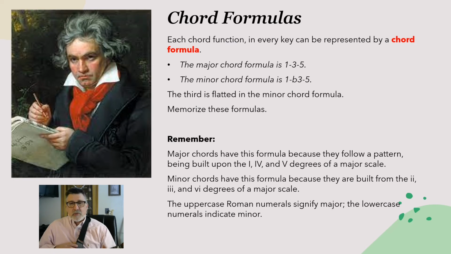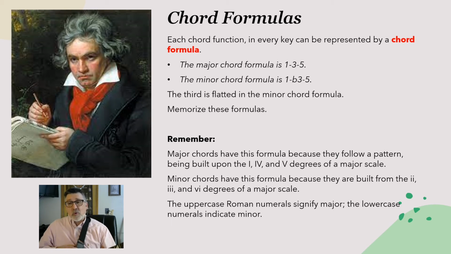So this is some important basic music theory for you. Each chord function can be represented by something called a chord formula. The basic chord formula for a major chord is 1, 3, and 5. So it's the first, third, and fifth degree of the scale.